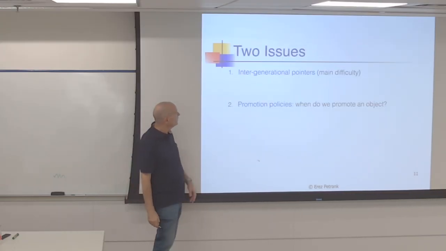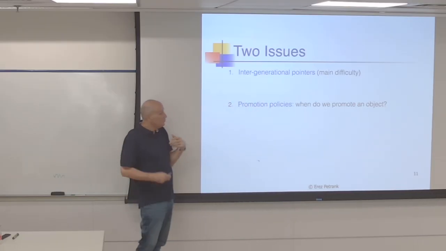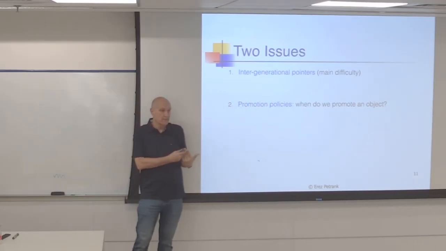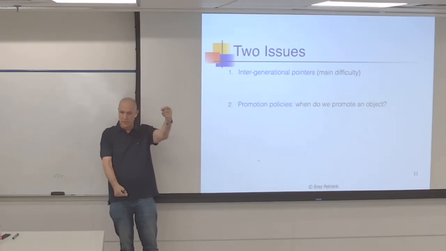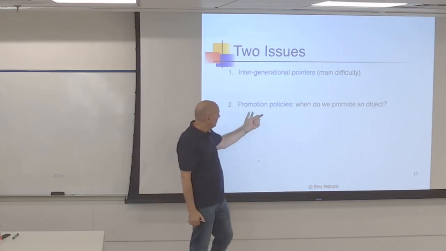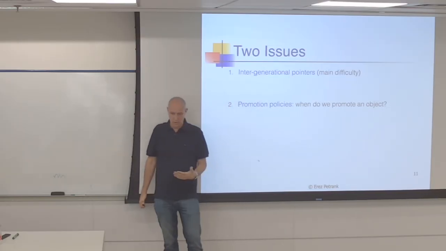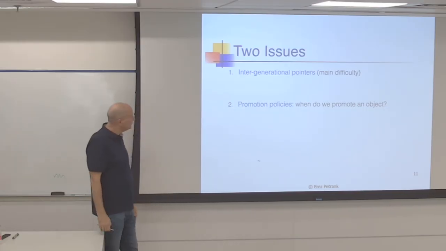Okay, so there are two issues that we have to solve. One of them is that we need to consider intergenerational pointers, pointers that go from the old generation to the young generation, and maybe vice versa. We'll talk about this. And we have to talk about promotion policies. When do we promote an object? So these are two things.